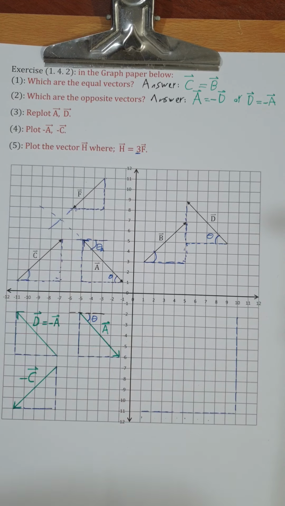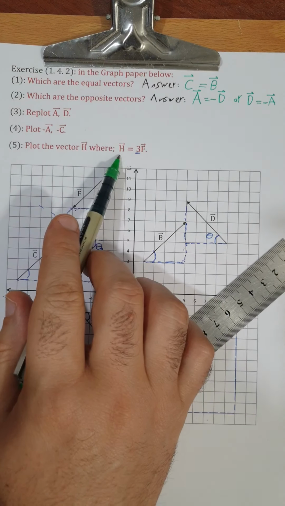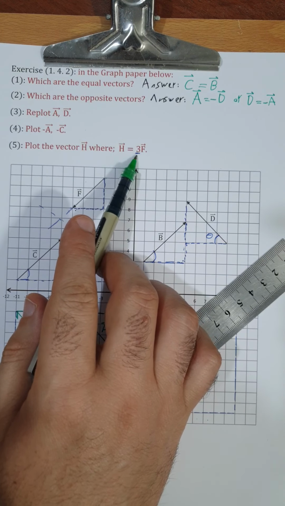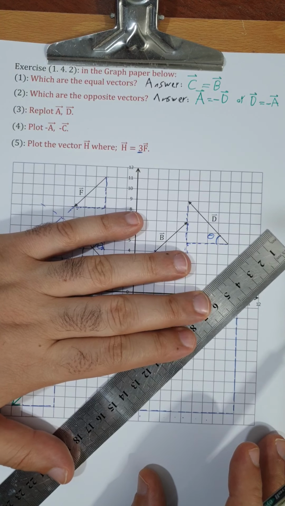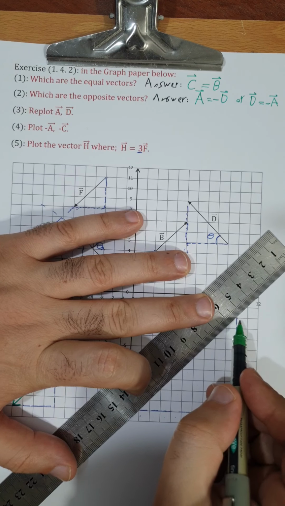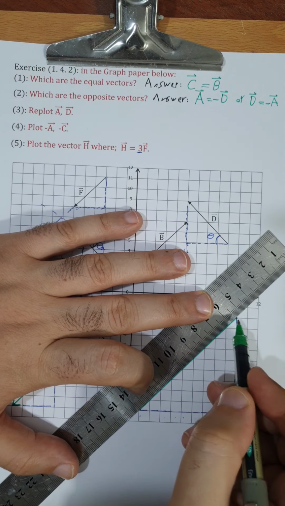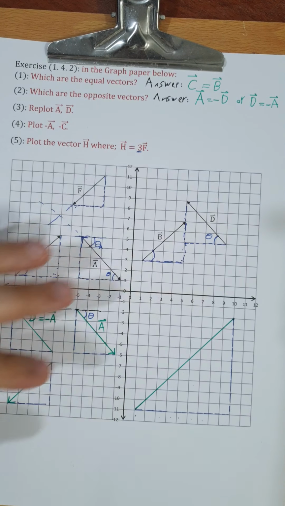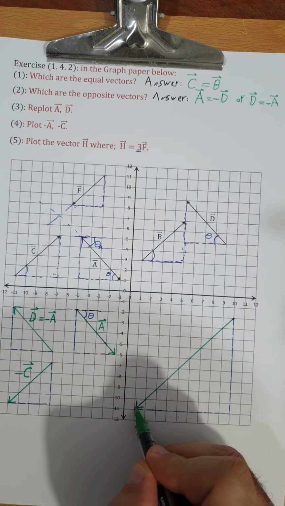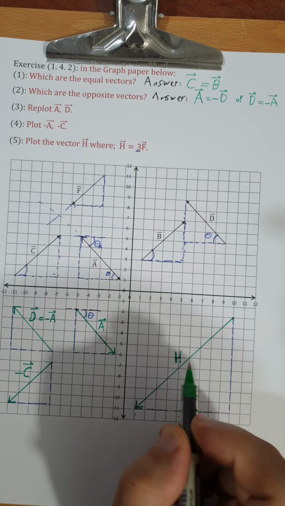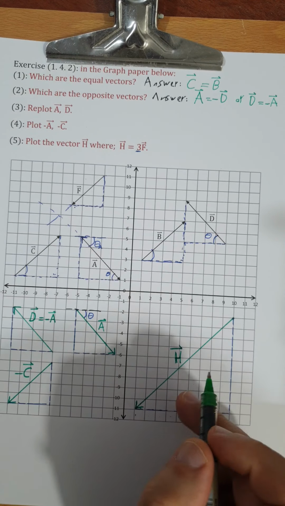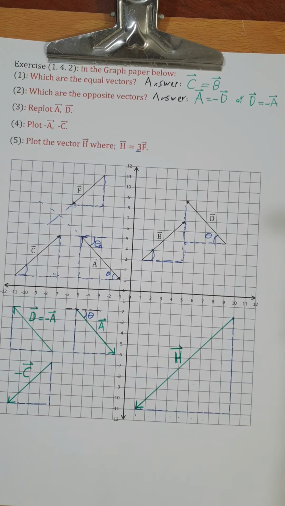It is in the southwest, because H should have the same direction as F but 3 times longer. This is H. This is how we can plot H. Hopefully it was an easy exercise for you.